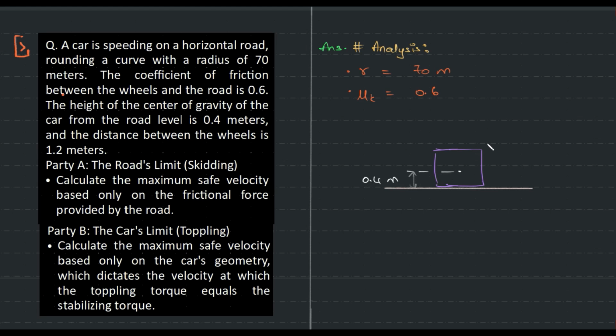Of course, the center of gravity can be low because the engine and everything is closer to the ground. So this is 0.4. And the distance between the wheels, this distance, is 1.2 meters. And that's our center of gravity.